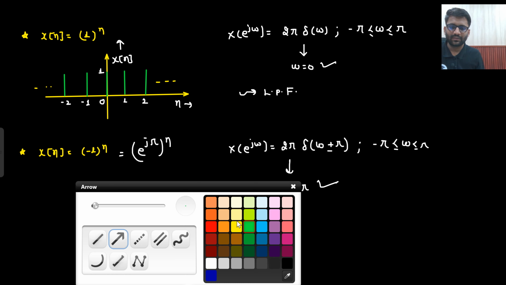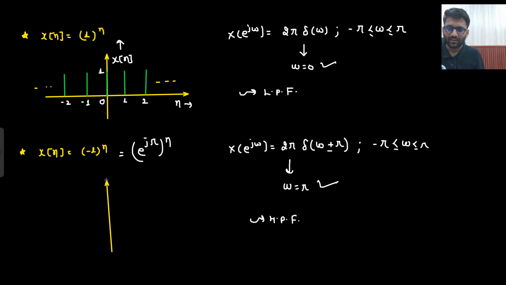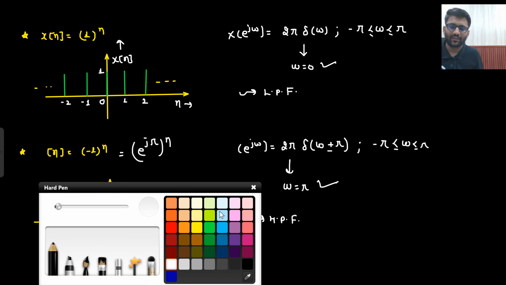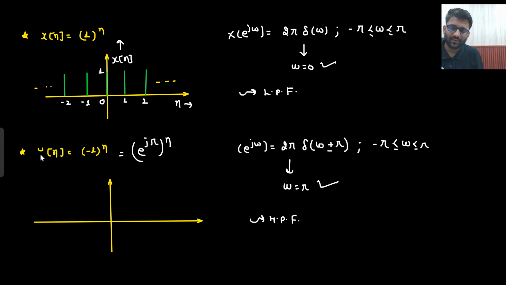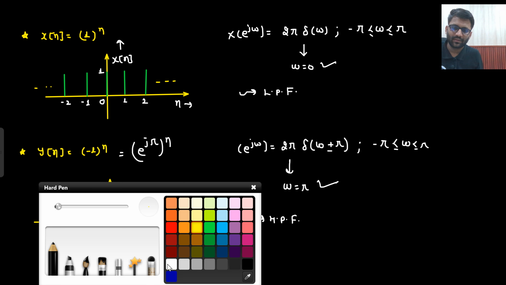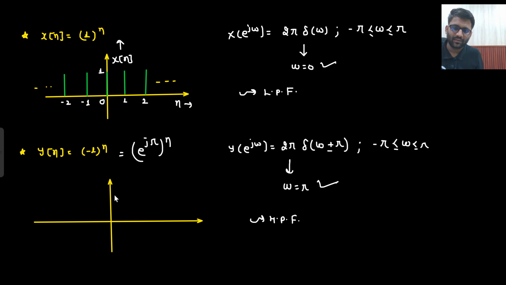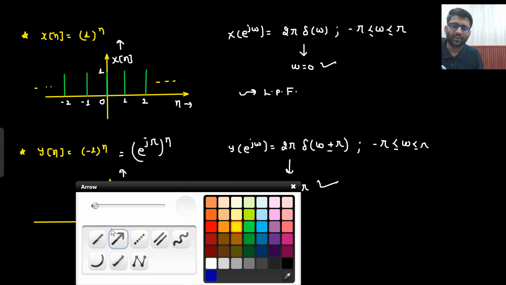So let's call this y of n. If I make the diagram of y of n, what is the scenario?